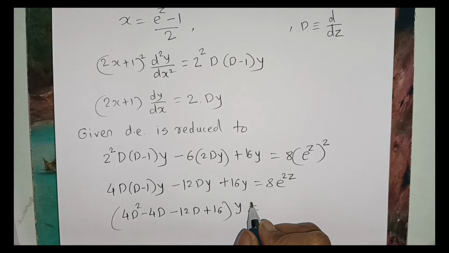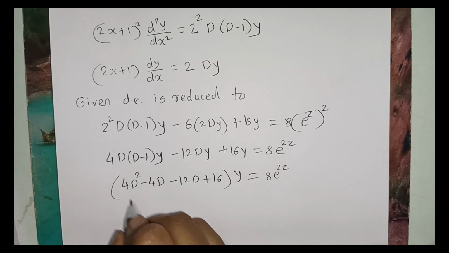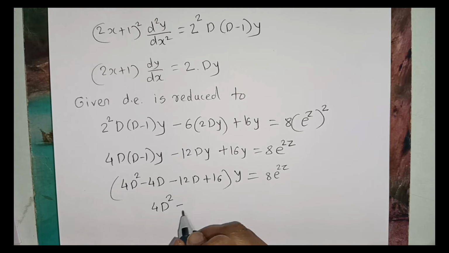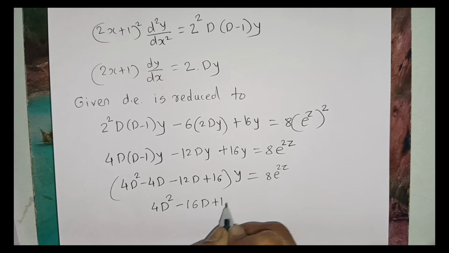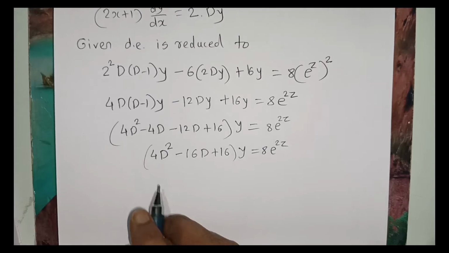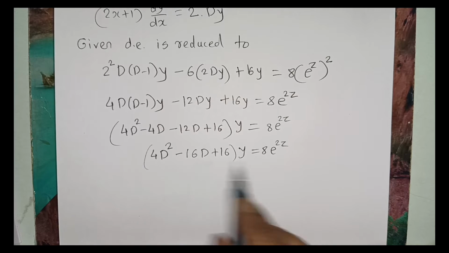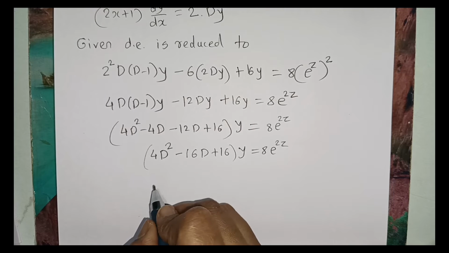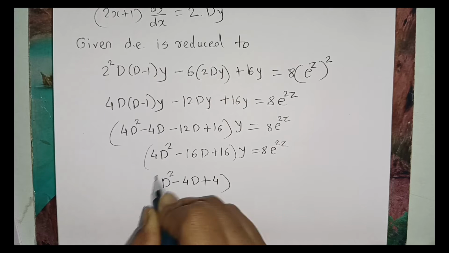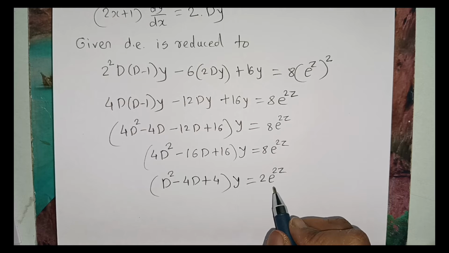Take y in common from each of the terms. So 4D squared minus 4 minus 12 D... that is, 4D squared minus 16D plus 16, operating on y, is equal to 8 e raised to 2z. Now throughout the equation you can observe 4 is a common multiple of every term, so you can divide the equation by 4. So you will have (D squared minus 4D plus 4) y is equal to 2 e raised to 2z. This is the differential equation in y and z.